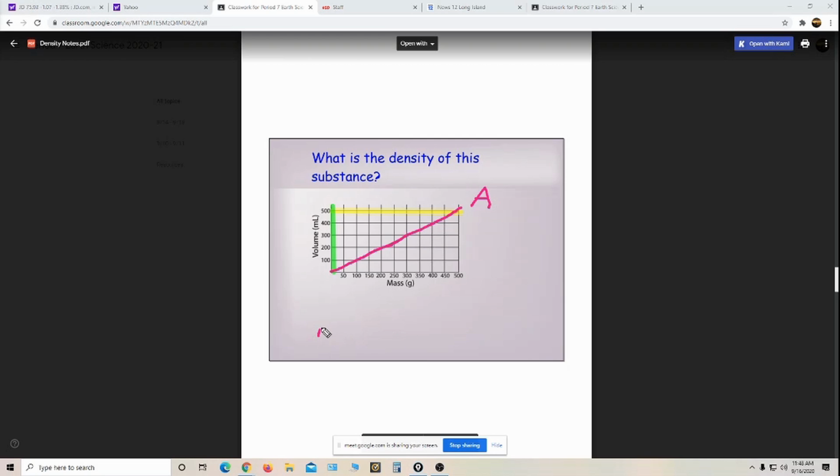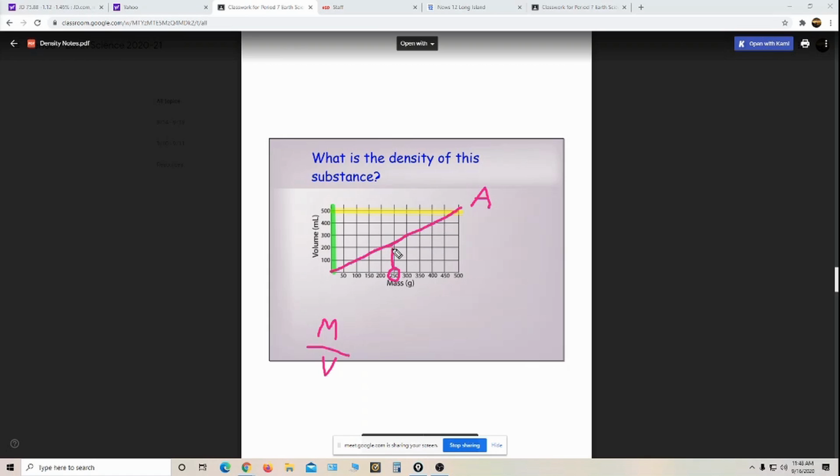If you remember the way you calculate density, it's D equals M over V, okay? So what we would need to figure out the density of this line is a mass and a volume. Which volume do we use if we have a mass of 250?